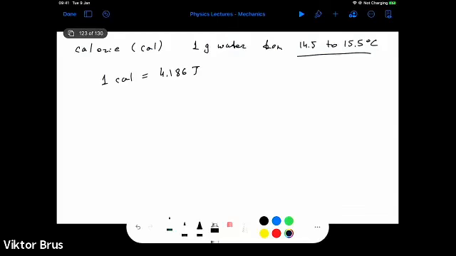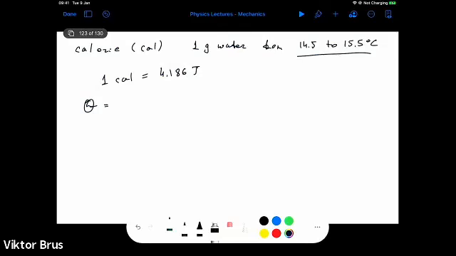So now let us define what heat capacity is. We mentioned this, and heat capacity is defined as the amount of energy, denoted as capital Q, which is needed to raise the temperature of the body or of the system by 1 degree Celsius.